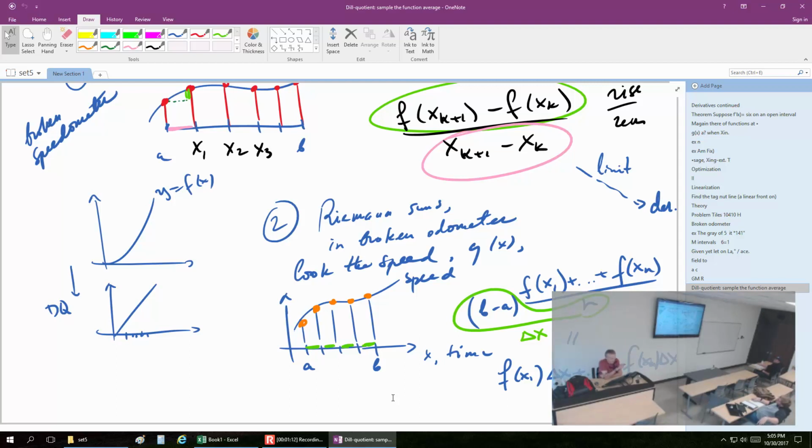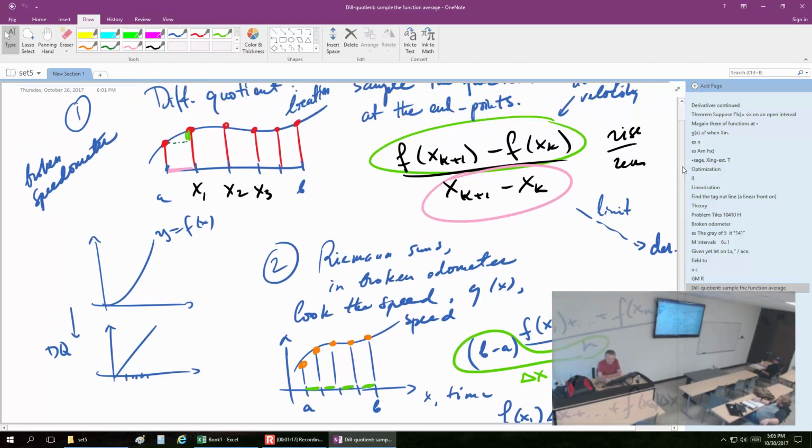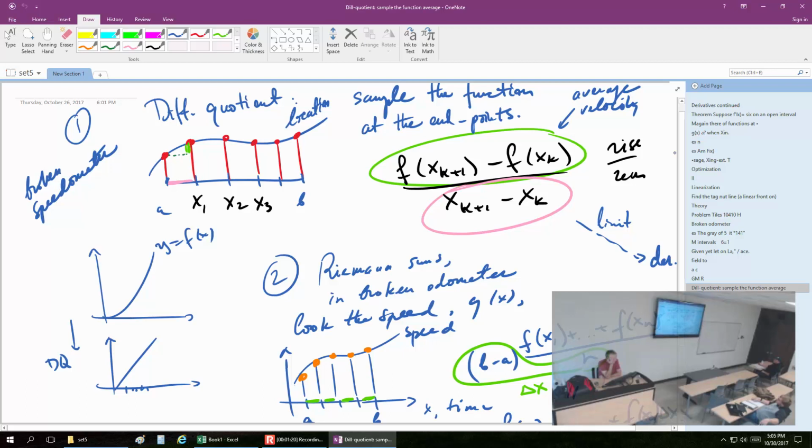So you already can see these are the two situations that motivate our development for this theory. Not as much a motivation as an explanation or a metaphor for those notions. And the notions are the Riemann sums and the difference quotient.